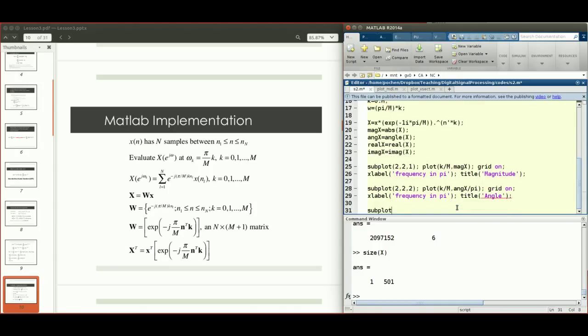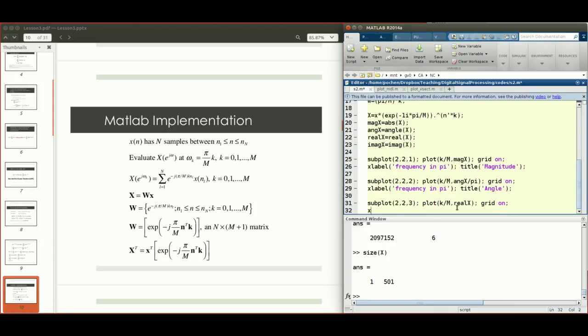And then subplot 2,3. Plot the real part of x, with the title real part.